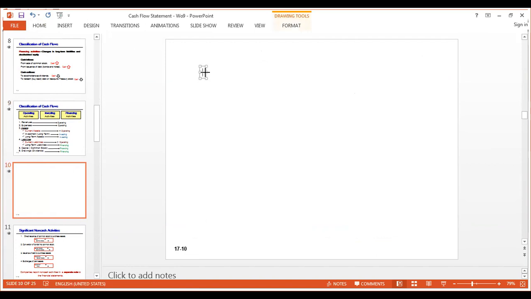So think about the journal entry. January 1st, we have a transaction: sell goods $50,000 on credit or on account.